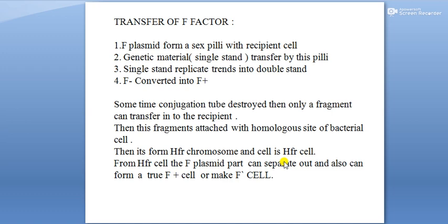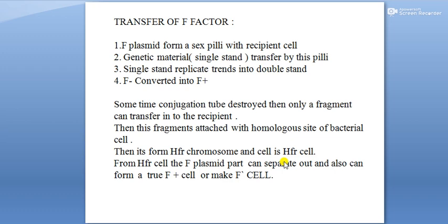Let's see the steps involved in the conjugation process, or transfer of F factor. First, the F plasmid forms a sex pili with the recipient cell. Obviously, the donor cells have the F plasmid, and are called F plus cells.